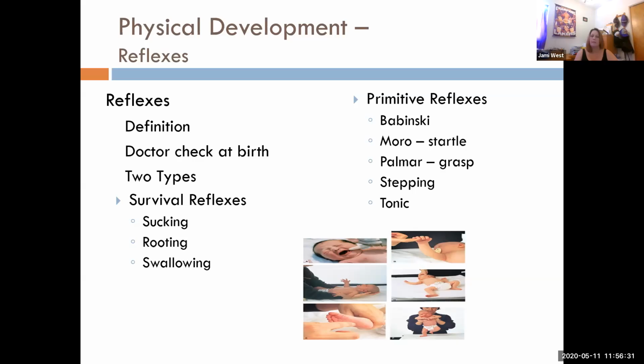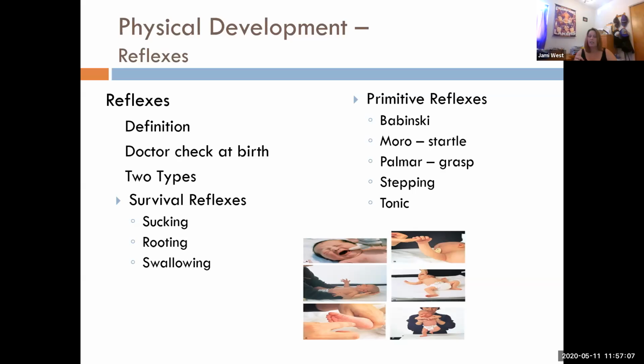If anybody's ever had a baby or knows anything about childbirth, once a baby is born and the doctor or the nurses check them, they often do an APGAR score. One of the things they score is their reflexes. They check babies' reflexes at birth so that they know the brain is telling their body what to do.